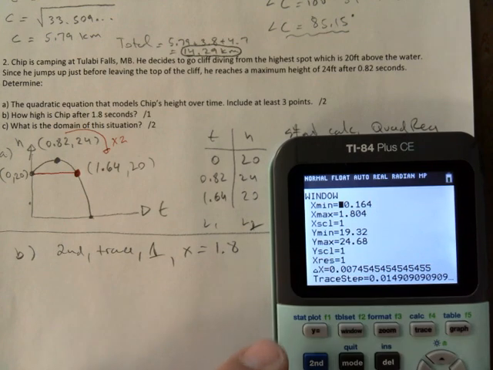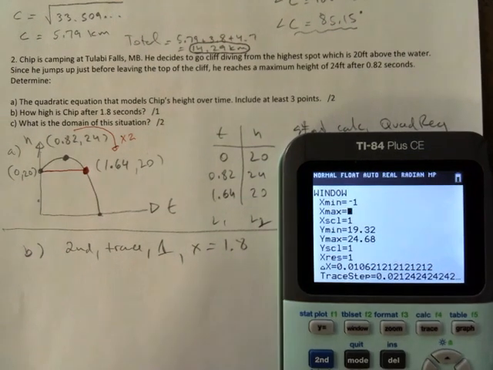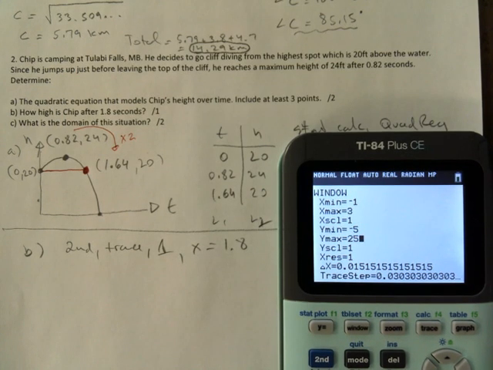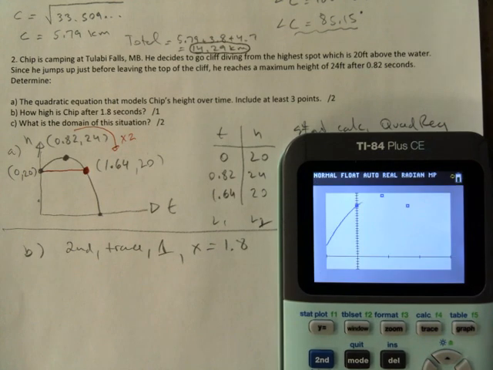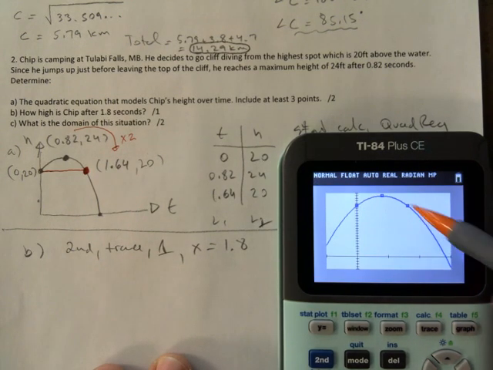So I'm going to make sure I go -1 for the X min. I'm going to go maybe 2 or 3 out in the X max, with the X values. Y min, I'm going to go just under, and Y max is probably good to go 25. Okay. And remember, this is a word problem, so we only consider quadrant 1.